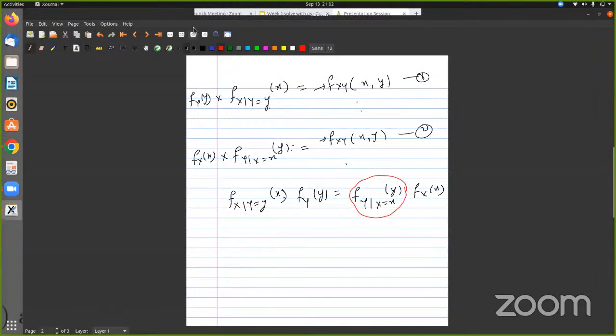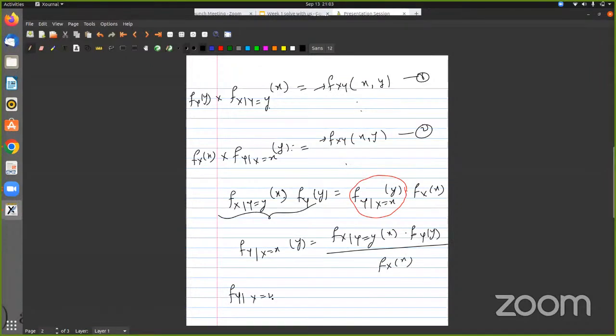So I can write f_{Y|X=x}(y) as f_{X|Y=y}(x) into f_Y(y) divided by f_X(x). If I wanted to find f_{Y|X=4}(2), I can find f_{X|Y=2}(4) into f_Y(2) divided by f_X(4).